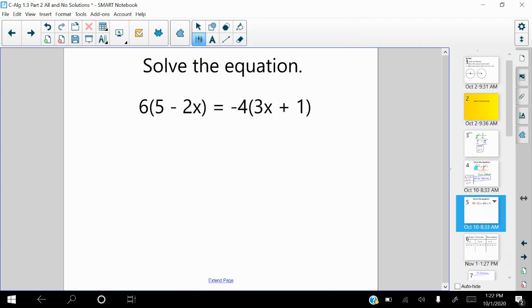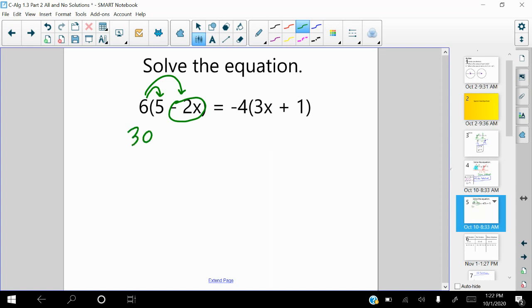So let's do it. I'm going to distribute that 6 to my 5 and to that negative 2x. So when we do so, we get 30 minus 12x. And let's look now on the right-hand side of our equal sign.